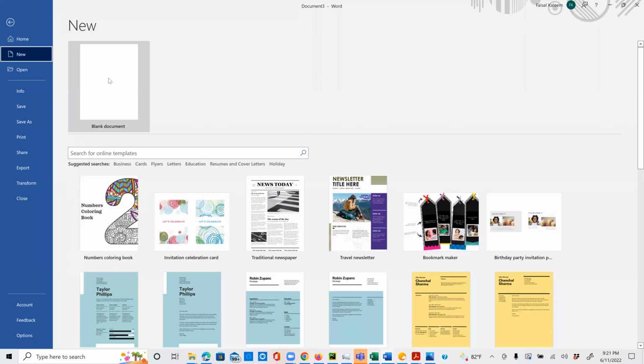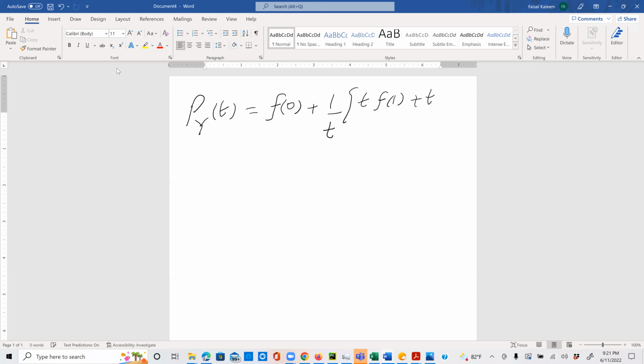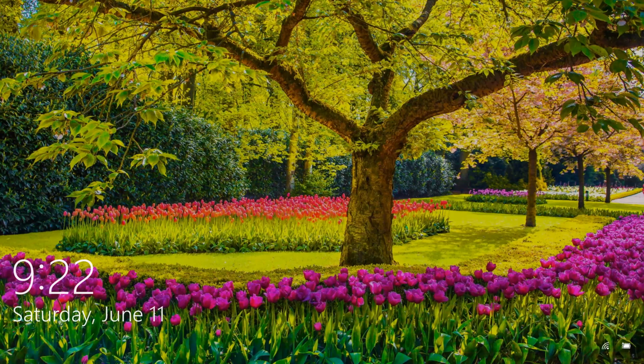So the left-hand side was P_Y(t), and it was equal to f of 0. And then we had a 1 over t. And then we had tf of 1 plus t square f of 2 plus so on. Now, the thing is that this is almost what we want.